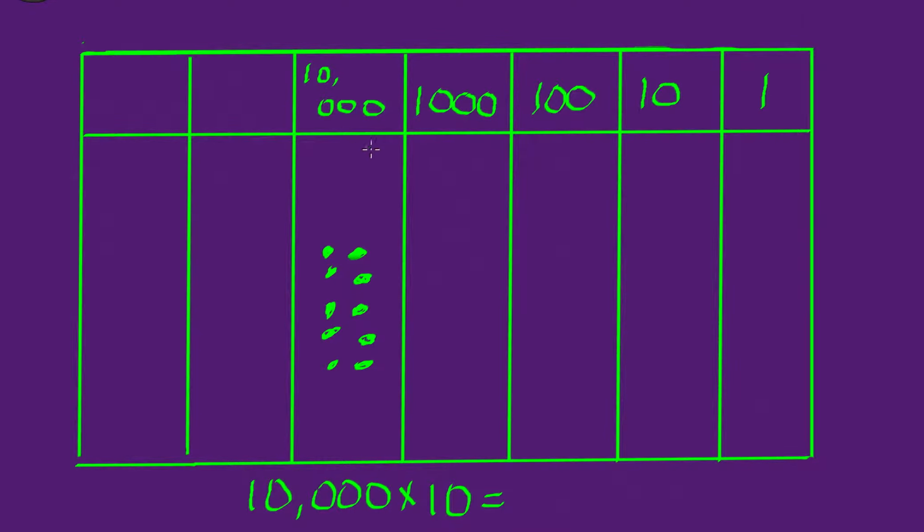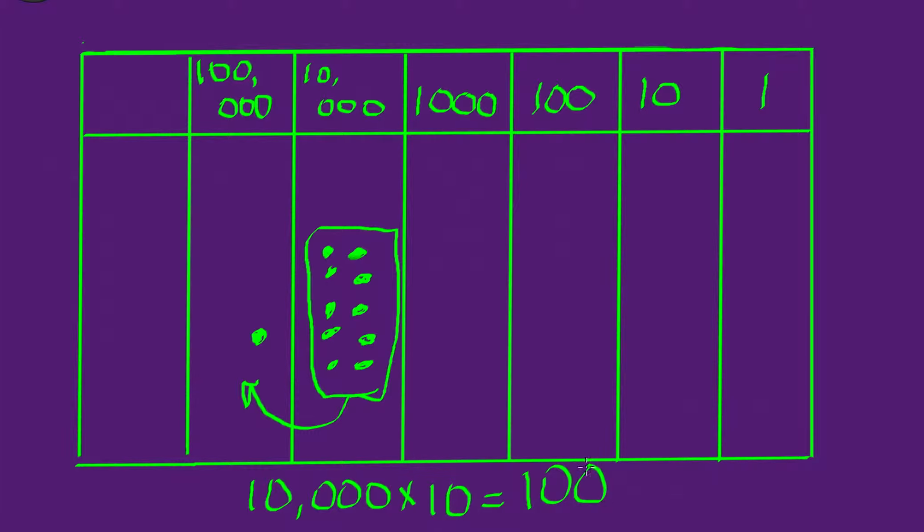So I'm going to count by 10,000s. 10,000, 20,000, 30,000, 40,000, 50,000, 60,000, 70,000, 80,000, 90,000, 100,000. So these 10 will be moved over and they will equal 1, and that's going to be 100,000. So this place up here is the 100,000s place. So the answer to 10,000 times 10 is 100,000.